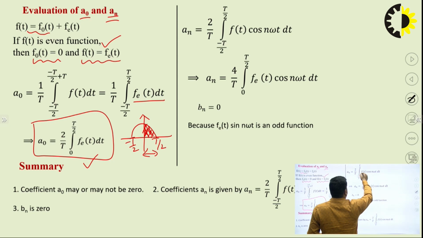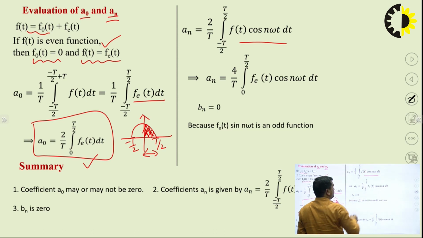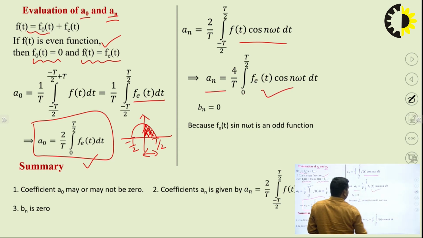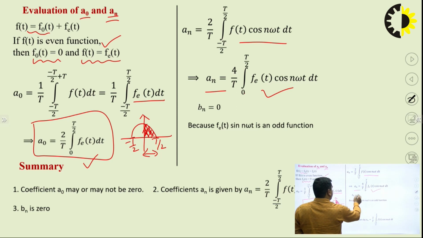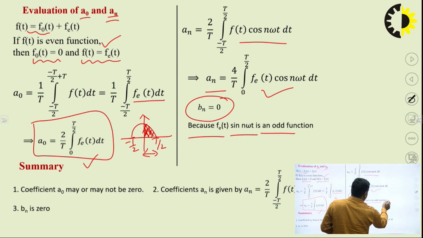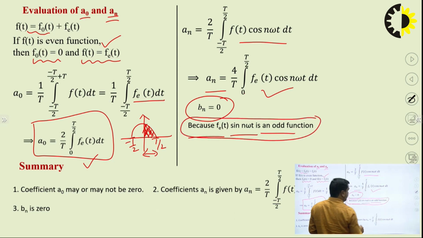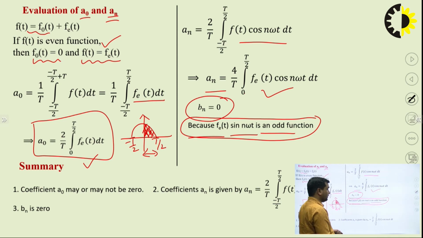That also becomes 2 upon T, integrating from minus T by 2 to T by 2, and here we reduce it to 0 to T by 2, so that becomes 2 times the integral from 0 to T by 2, and here it becomes 2 into 2, that becomes 4 upon T. So that's why a_n is 4 by T, integral from 0 to T by 2 of f(t) cos n omega t dt, and we already know that b_n becomes 0, because f(t) sin omega t is an odd function, and if you are integrating an odd function over a time period, that becomes 0.